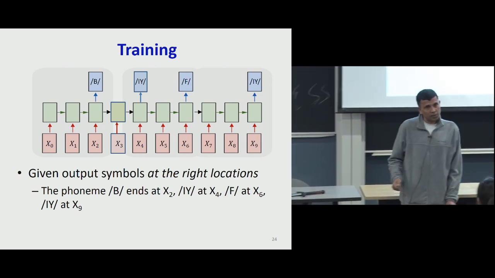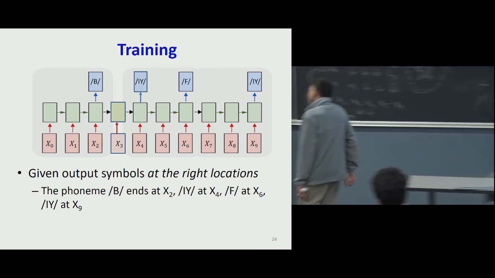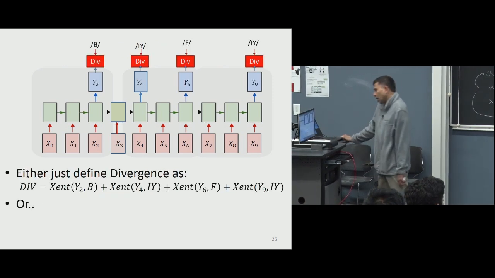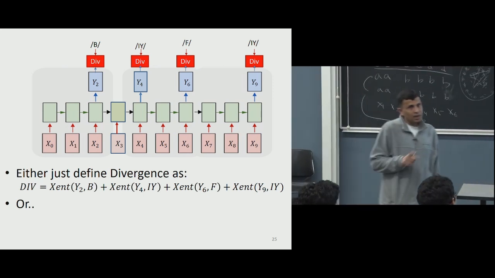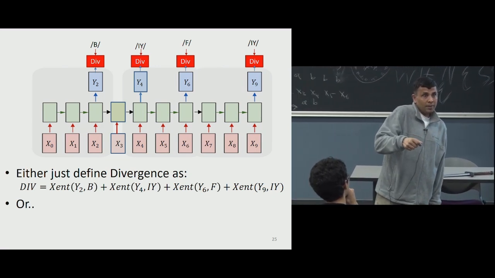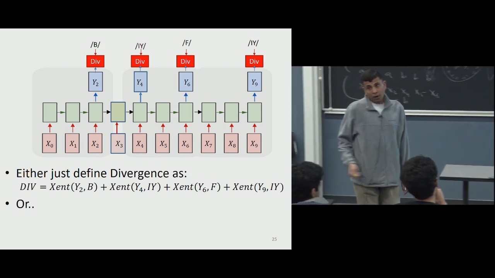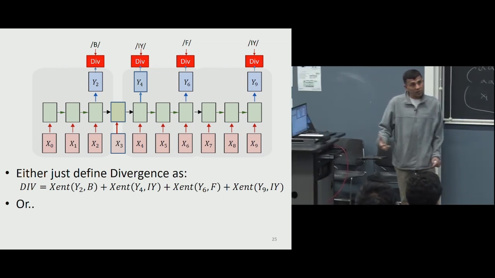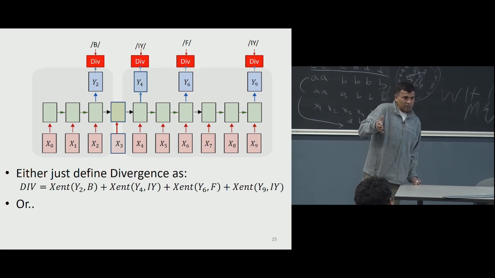There are 10 inputs over here, 0 through 9, right? If this information were given, then all I really need to do is compute the outputs of the network at those 4 time instants, and then compute the divergences at those 4 time instants. And it's only these divergences that are going to contribute to the overall divergence between the desired and target output. Now this, of course, is kind of wasting the information that you're producing at the intermediate stages.